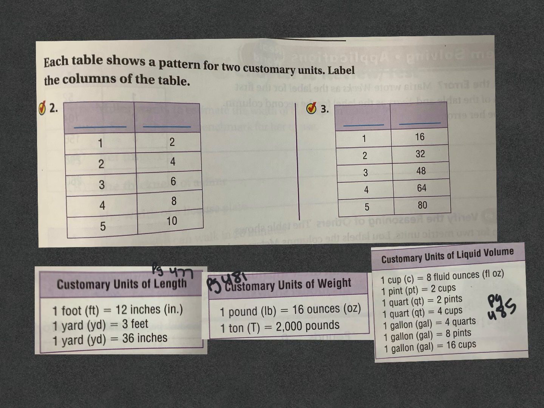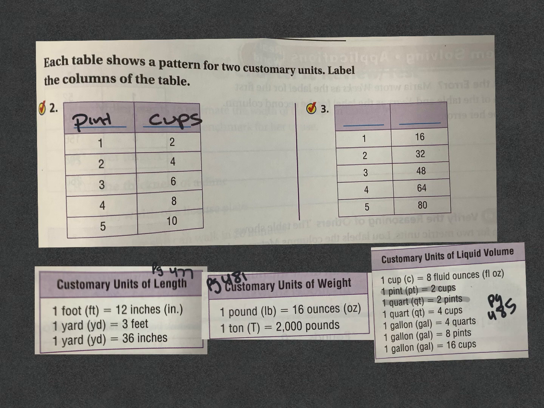We need a 1 to 2 ratio. There isn't one on this one nor this one. So hopefully here, we have 1 pint to 2 cups. 1 quart to 2 pints. That's it. We could use either of those. I'm going to go with 1 pint is to 2 cups.